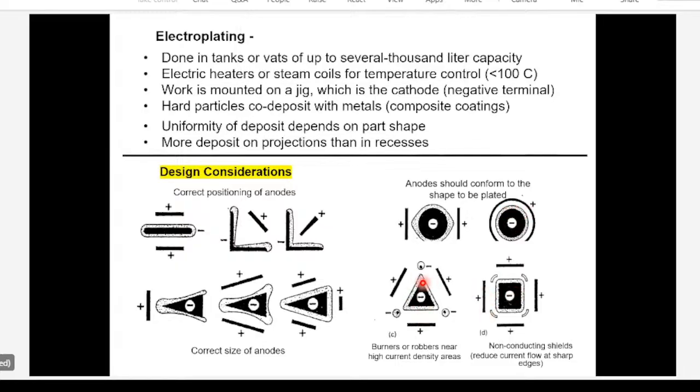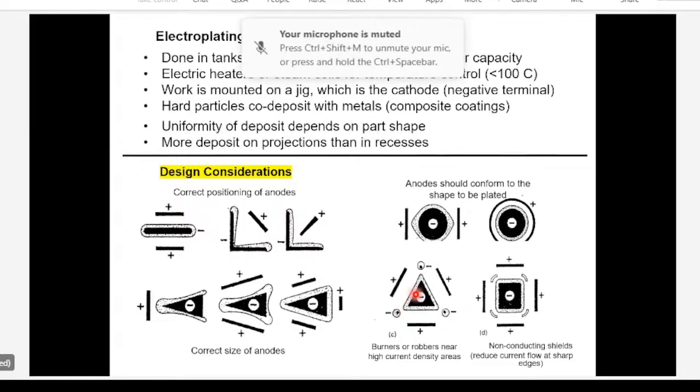For a section like this, with a triangular cross section, you may have to put thieves or robbers or burners to steal away some of the deposits from the corners. These corners are high current density areas, so the deposition will be thicker here as compared to the flat area.